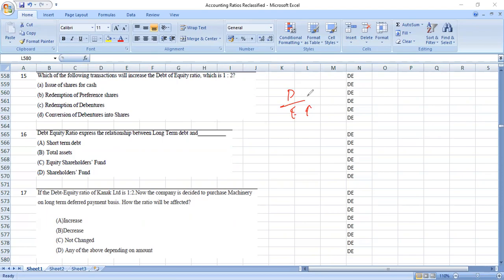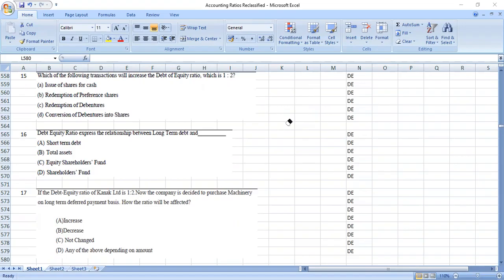Redemption of preference shares, equity will decrease, so the ratio will increase. Redemption of debentures, debentures will decrease, so that will decrease. Conversion of debentures into shares, debentures will decrease, shares will increase, so it will again decrease. Only when you redeem preference shares, equity reduces, and therefore denominator reduces. Now the ratio will increase, and the answer here is redemption of preference shares.